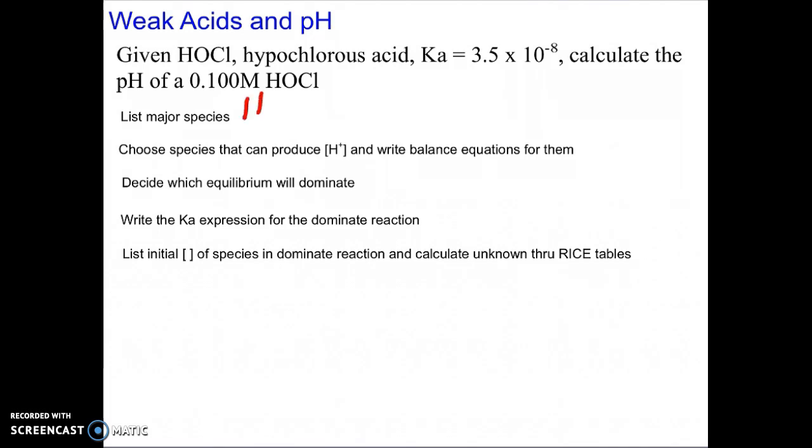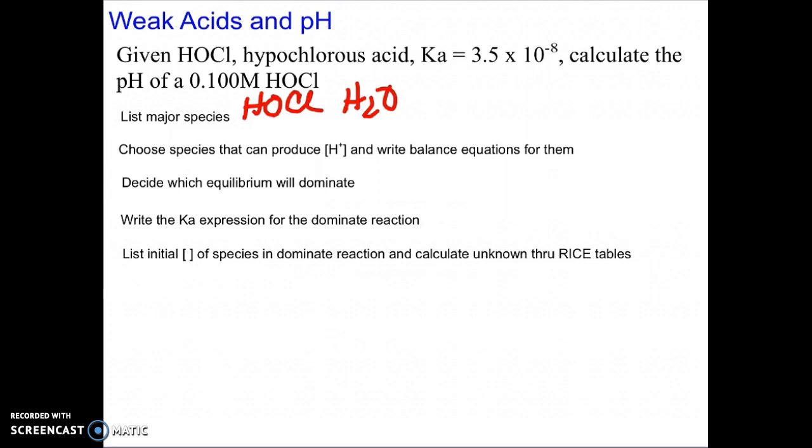The major species are HOCl and water. Again, it's a weak acid, so there's not a lot of H+ and OCl- going on in order to dissociate. Then it says to choose the species that will produce the most H+, and write the balanced equation for them.